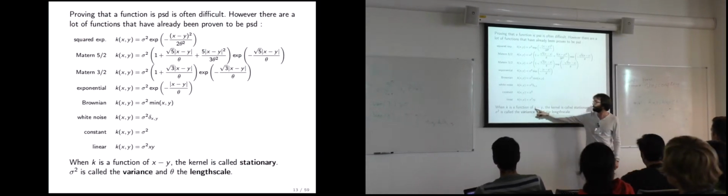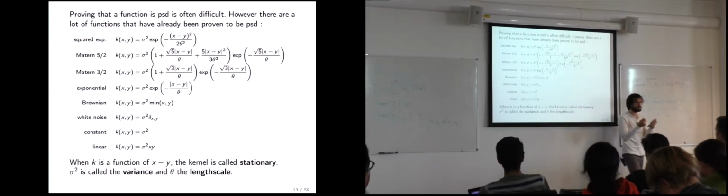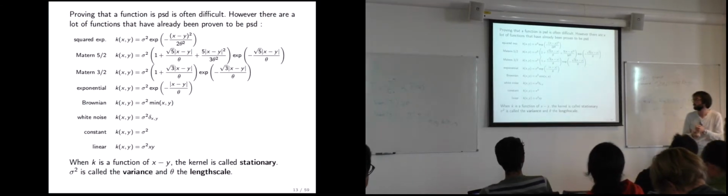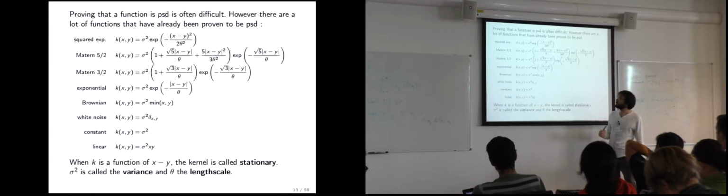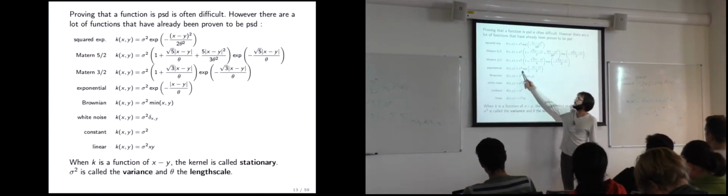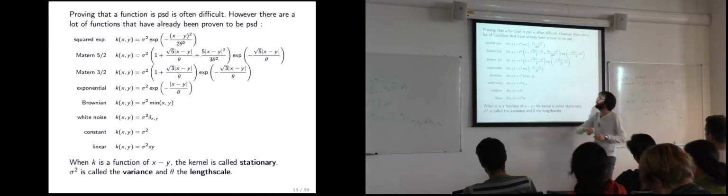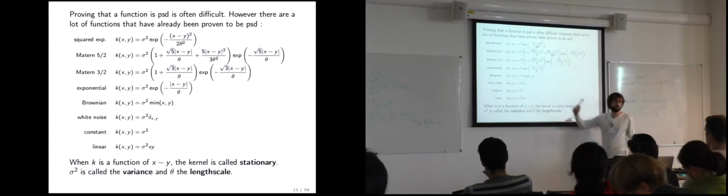If the kernel depends just on the difference between the two points where it's evaluated, the kernel is called stationary, and you can see that we usually have two parameters for this kernel, one that is called the variance parameter and the other one that is called the length scale. Why is the first one called the variance?